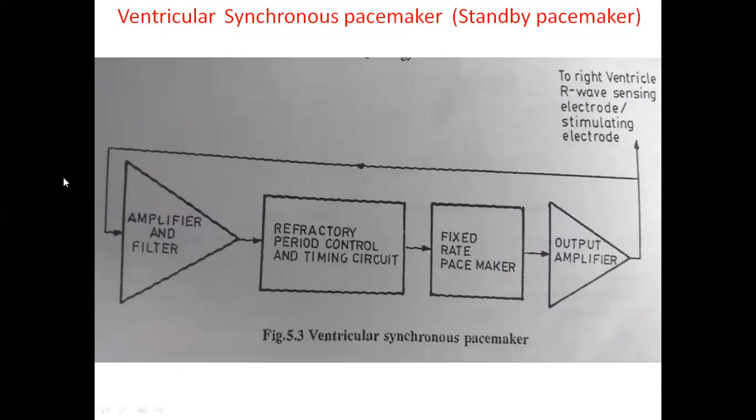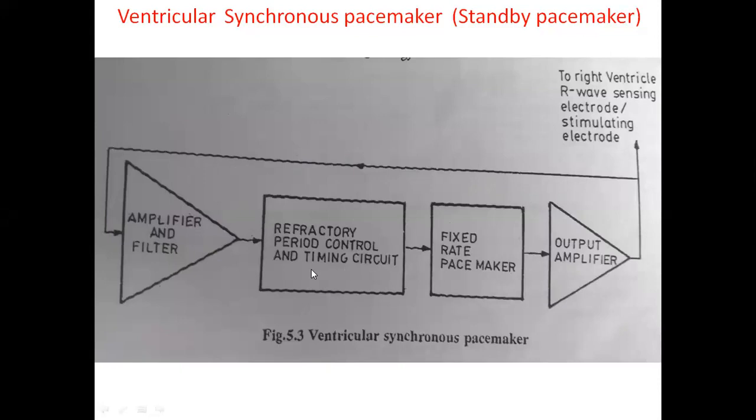If the obtained R wave is normal, that is, the heart is functioning properly and the R wave is generated regularly, then that is compared with the sensed R wave, given how many seconds it should be produced. If the heart is functioning properly, this timing circuit does not provide any output.